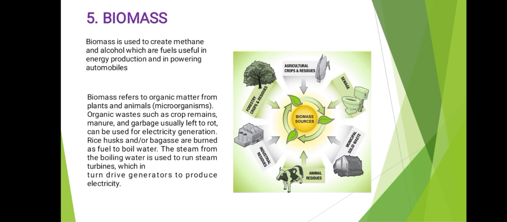So plants get the energy from the sun through the process of photosynthesis, and this energy is passed to the animals. And then organic waste such as scrap remains, manure, and garbage usually left to rot, so madunot siya. So maoning biomass.